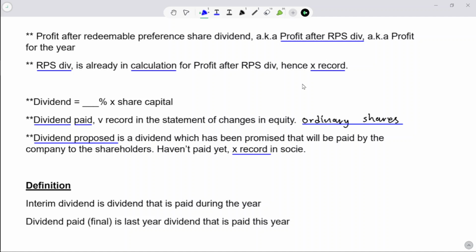If a dividend is paid on ordinary shares, then you record it. Dividend proposed, don't record.